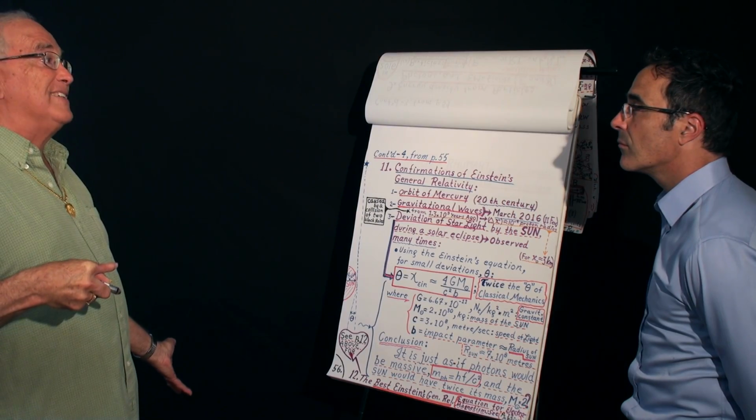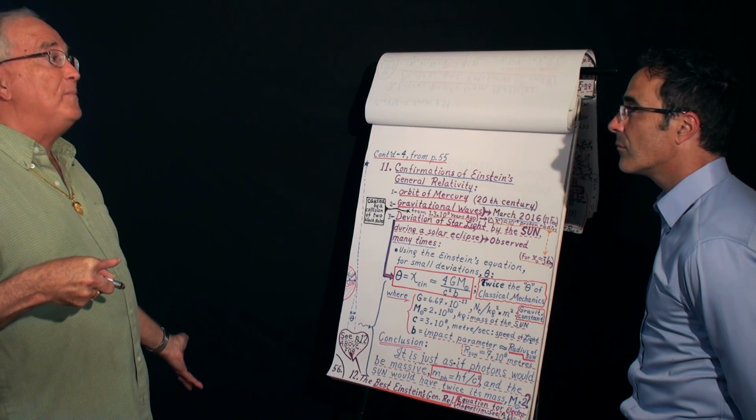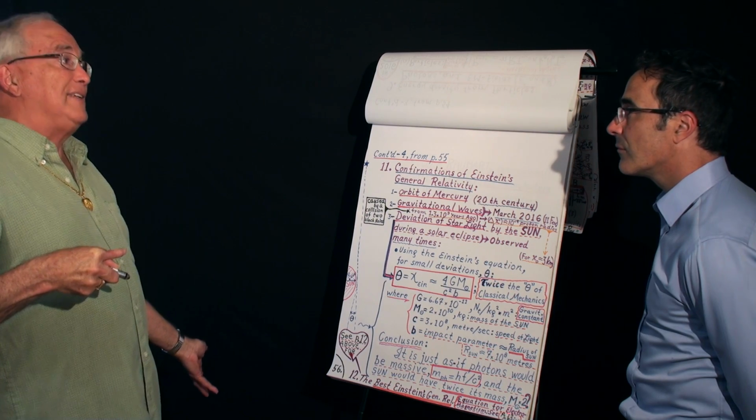Either the photons have twice the energy that they have, but that's not the case. But since it's deviated twice, if you want to understand it in terms of classical mechanics, we could say that it behaves as if the mass of the sun would be twice what it is. A reason? Quantum mechanics, genius, Albert Einstein.